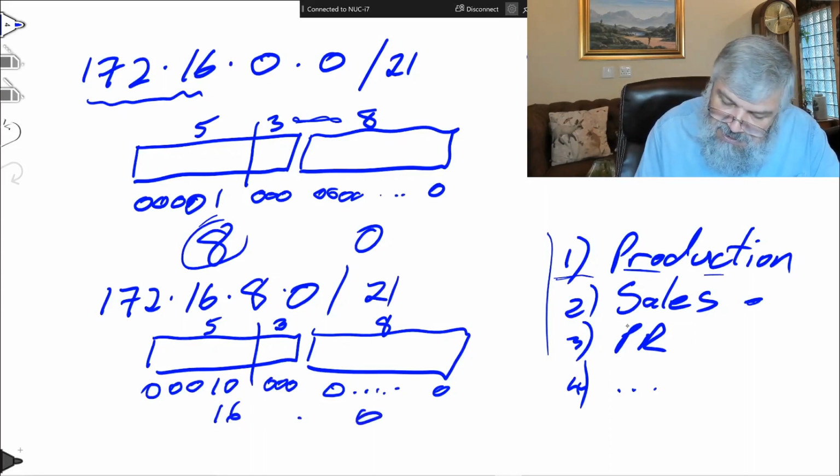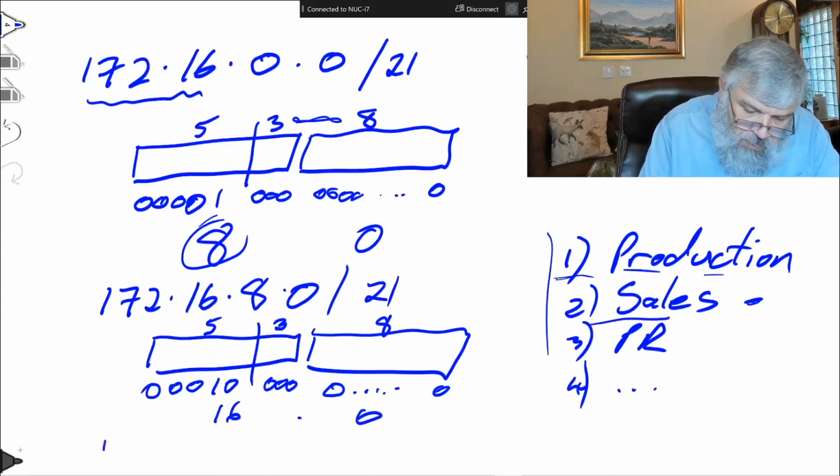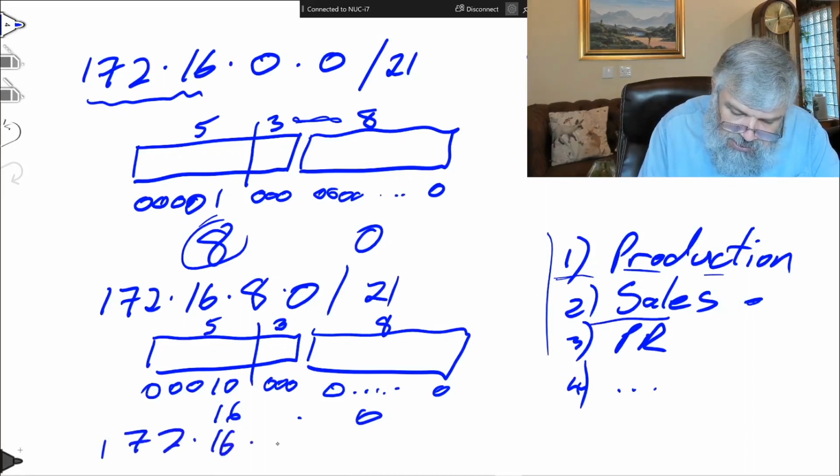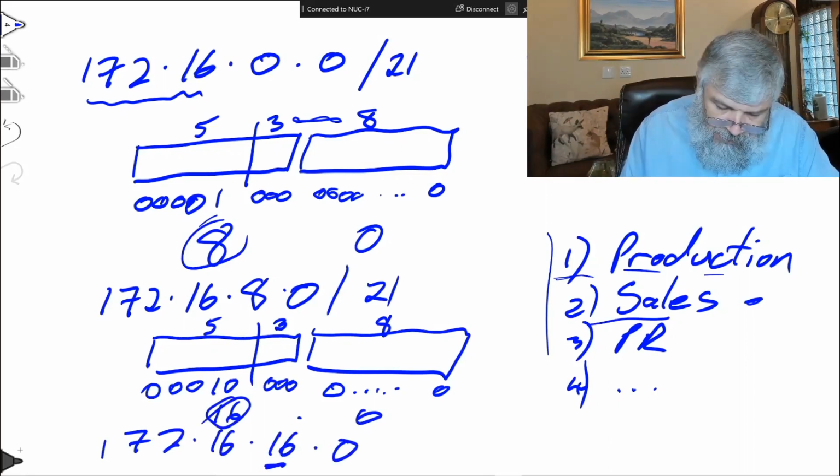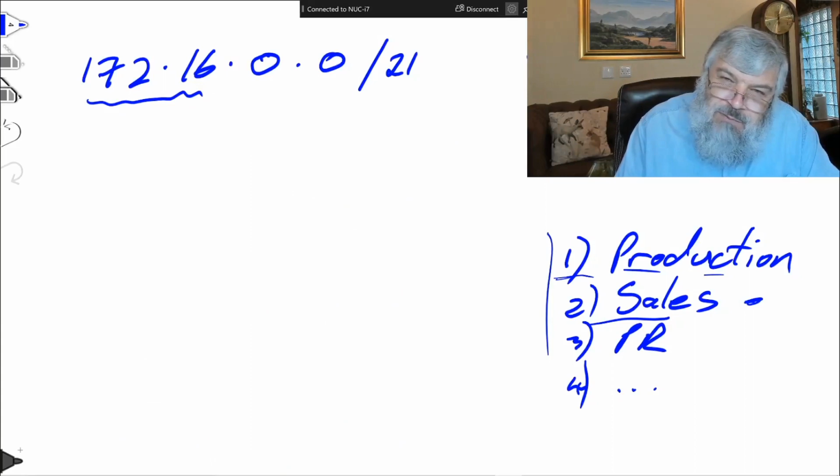So my sales department will be 172.16.16.0, getting the 16 from there and that 0 from there. What we've just done was to calculate the subnet addresses of our various departments.